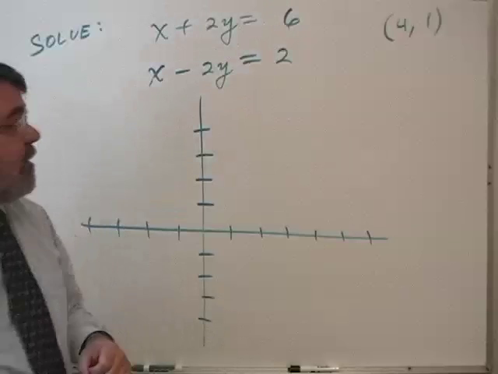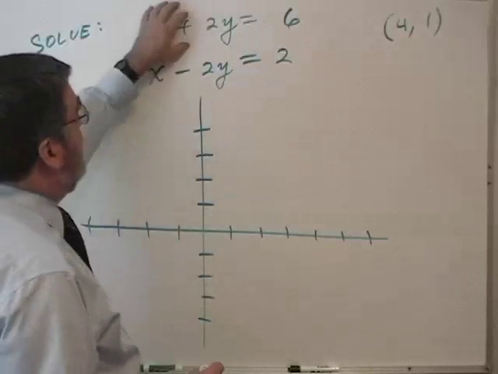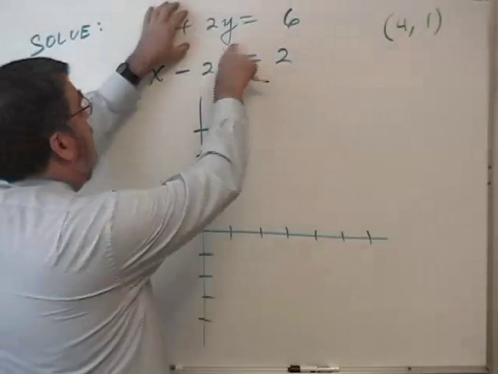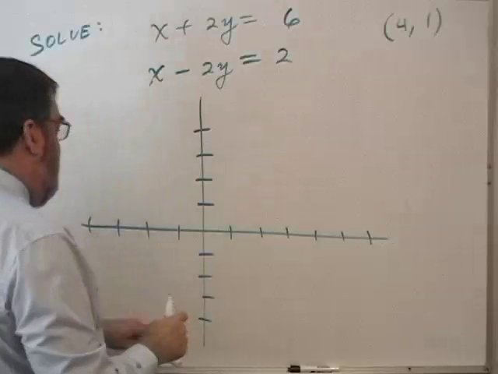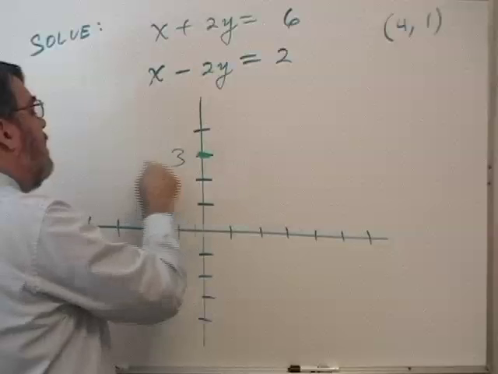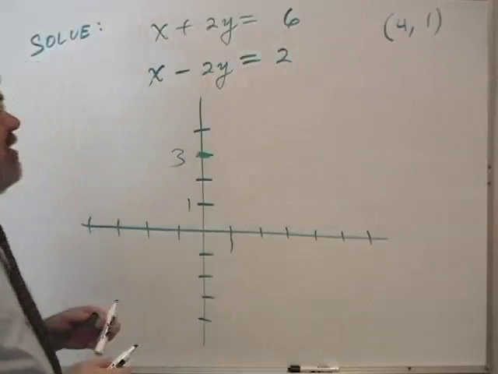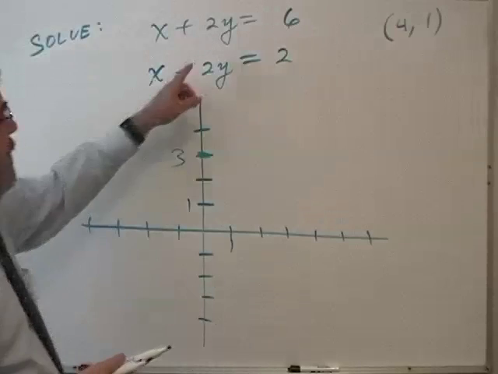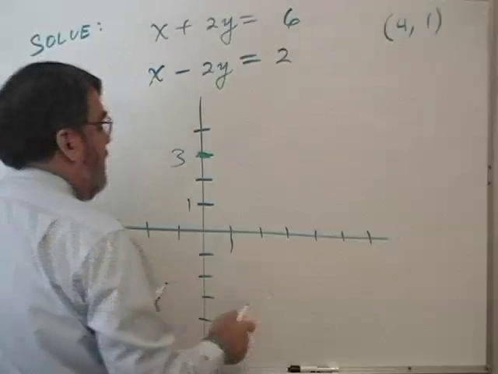So how does that work? For the first equation, if x was 0, y would have to be 3. 2 times 3 is 6. So we have 3 as a y-intercept. By the way, I'll put some scale numbers here. Conversely, if y was equal to 0, then x would be equal to 6. So that would be over here.